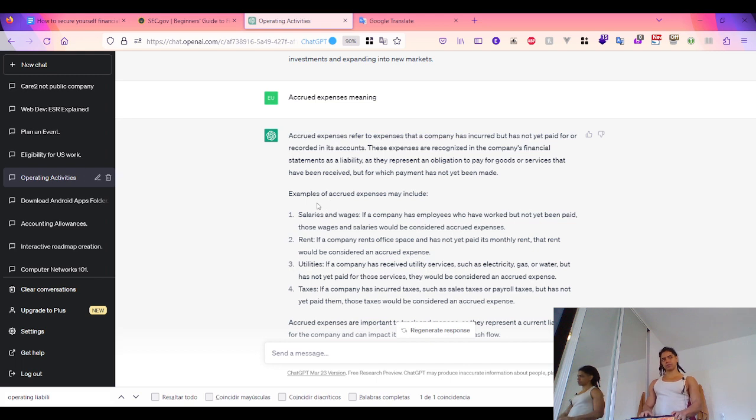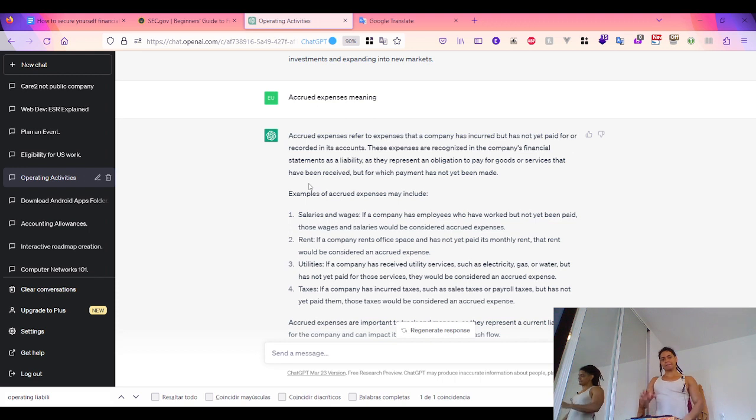Okay, so there's something that I received but have not paid for. In the case of a company: wages and salaries, rent, utilities, taxes, and accrued expenses.